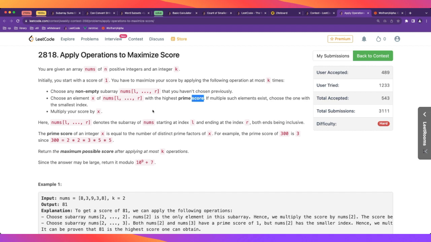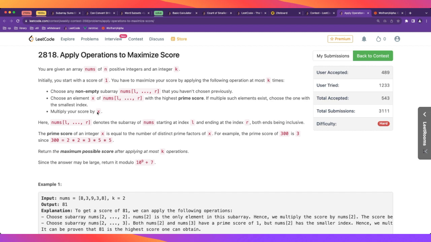The idea that I used was to try to go from the score is going to be a multiplication of the values in the array. So let's try to be greedy, and let's try to start with the biggest x, and let's try to even have it in the multiplications as many times as we can, because that's going to give us the biggest score.